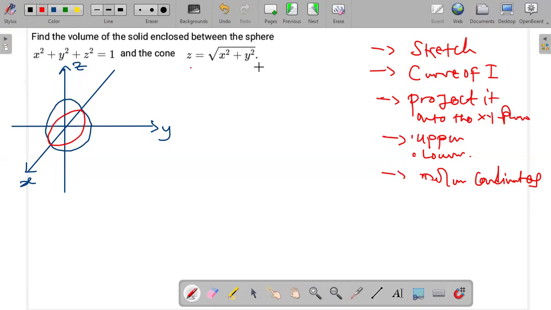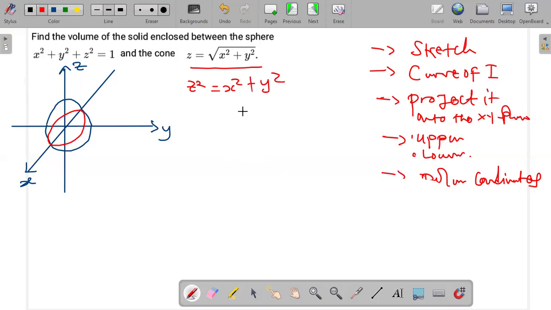And then now let's work with this one. So this one is the same as Z squared equals X squared plus Y squared when you square both sides. Meaning that I can draw cross sections in the XZ plane and in the YZ plane and also even in the XY plane.